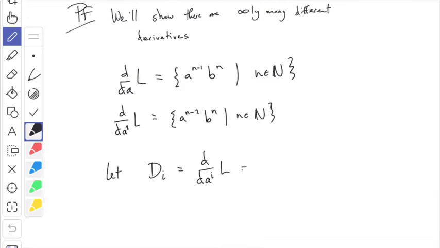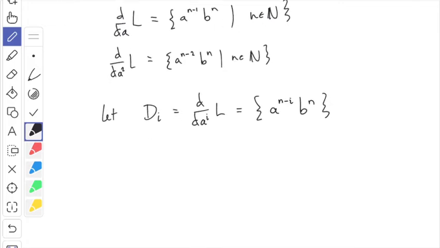And if you write this as a set, it's a to the n minus i followed by b to the n. And there are infinitely many different possible i values here. So what I'm describing here is infinitely many different sets.